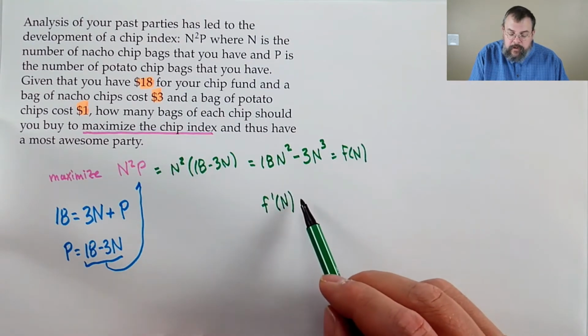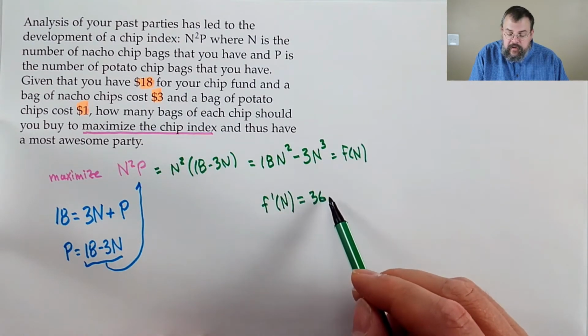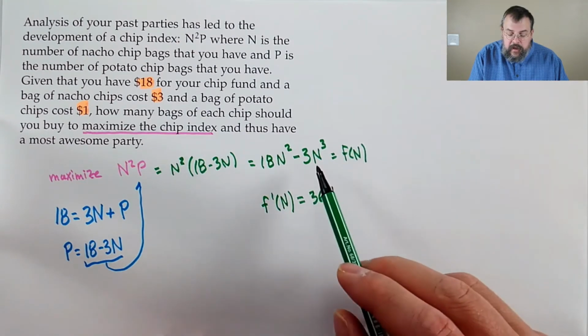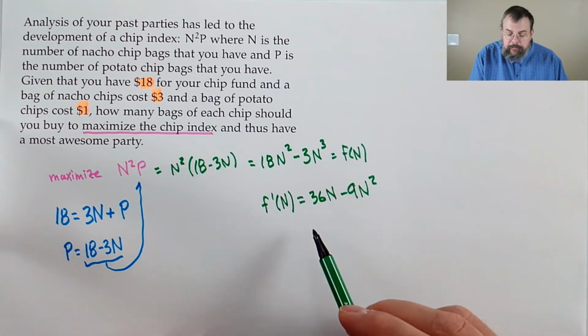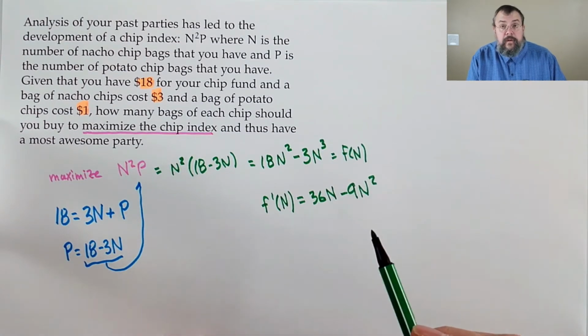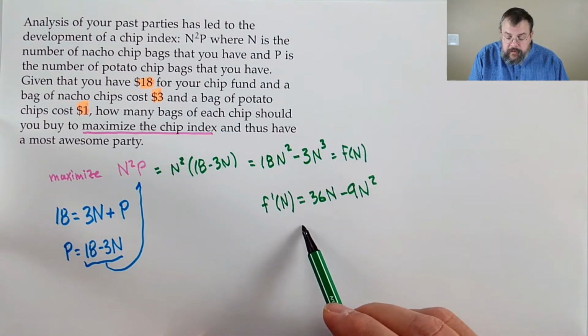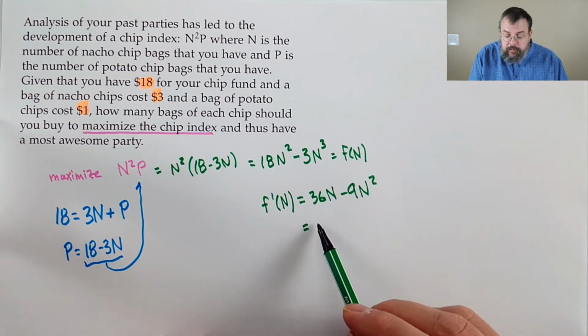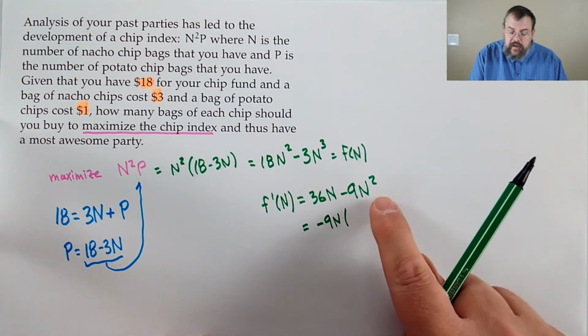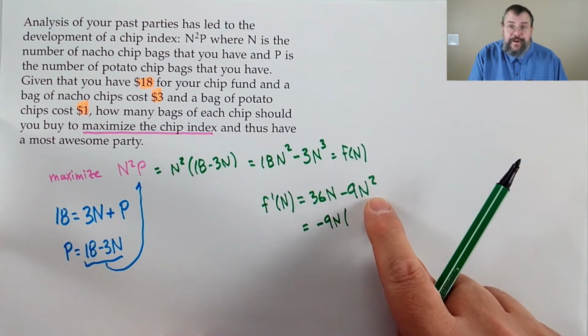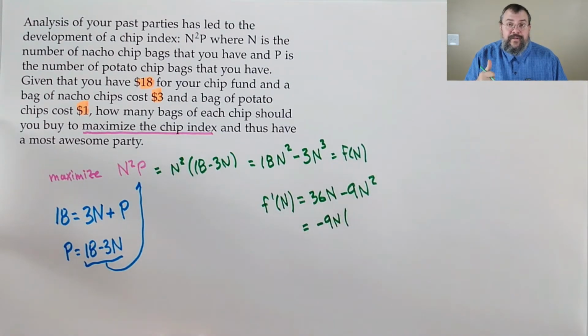Well, what do we have? 36n and minus 9n squared. All right, well, never undefined. Well, what else can we say? We can factor out a minus 9n. The reason I make it a minus is I want the highest power to have a coefficient that's positive.